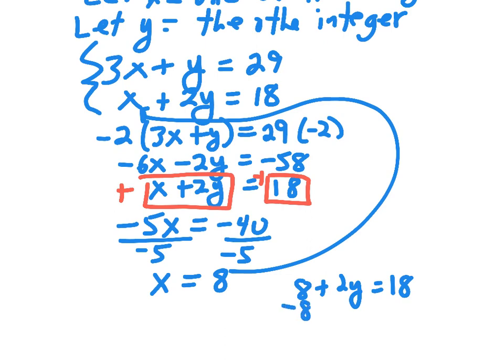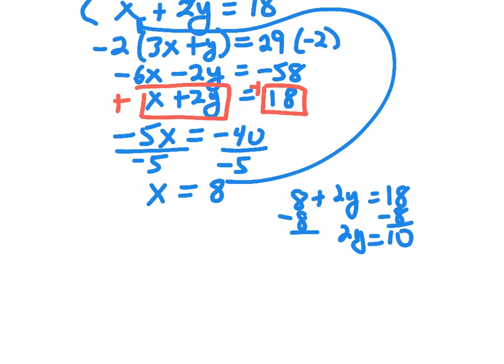So subtract 8, and I get 2y equals 10. And so that will get me, divide by 2, and I'll get y equals 5. So let's stack that right there. So those are the 2 integers.